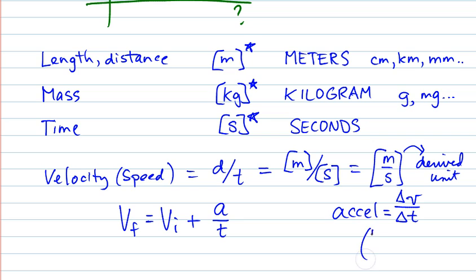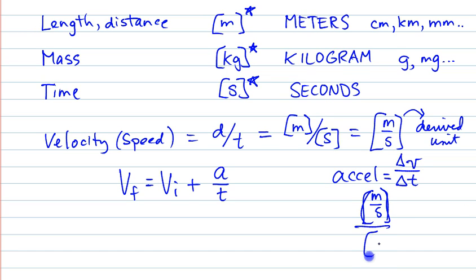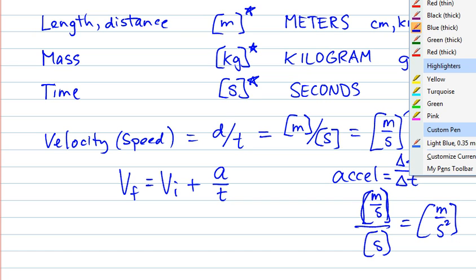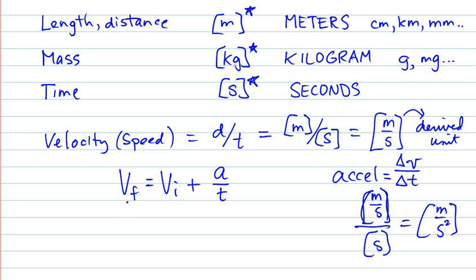But basically what we're doing is taking units of meters per second and dividing by seconds. So you probably know that acceleration already has units of meters per second squared. Now we go to our equation and ask, what are the units of speed or velocity? Well, it's meters per second.